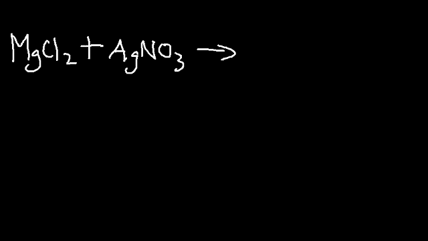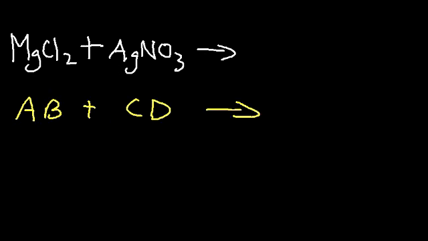Now, the first thing you need to determine is if you have a single replacement or a double replacement reaction. Now, we have a reaction that's in the form AB plus CD. This is a double replacement reaction. Magnesium is like A, chlorine is like B, Ag is the C part, and D is the nitrate.